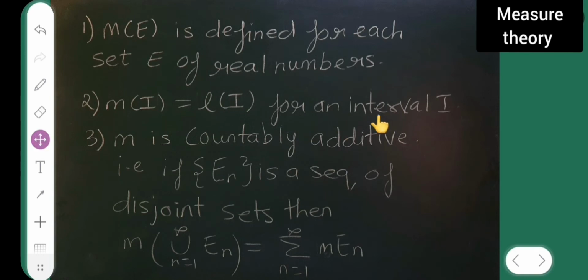First condition is that M of E, that is the measure of E, is defined for each set E of real numbers.